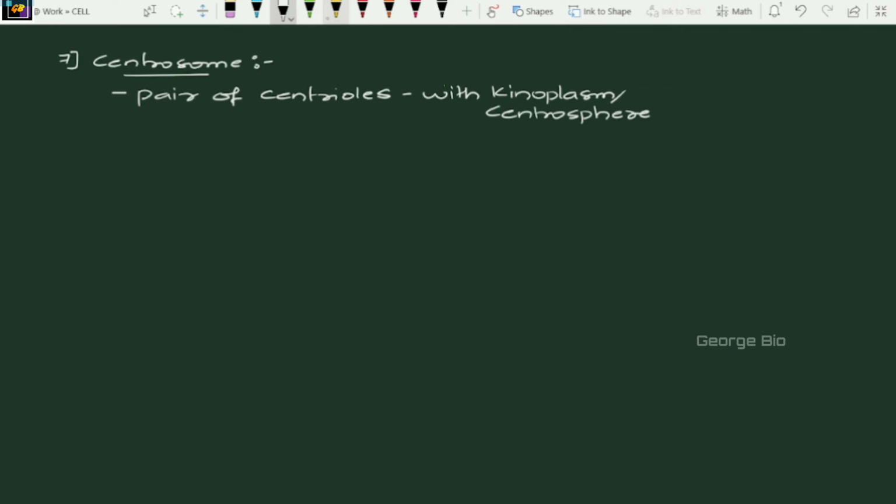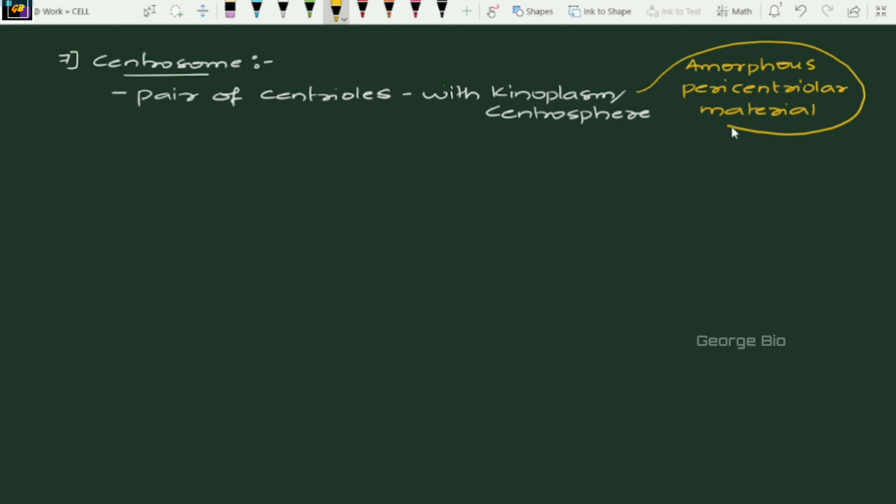Now what is this centroplasm or kinoplasm? It is an amorphous material, a powdery material which is present outside the centriole, so we call it pericentriolar material, which helps in joining the two centrioles together in a perpendicular fashion.